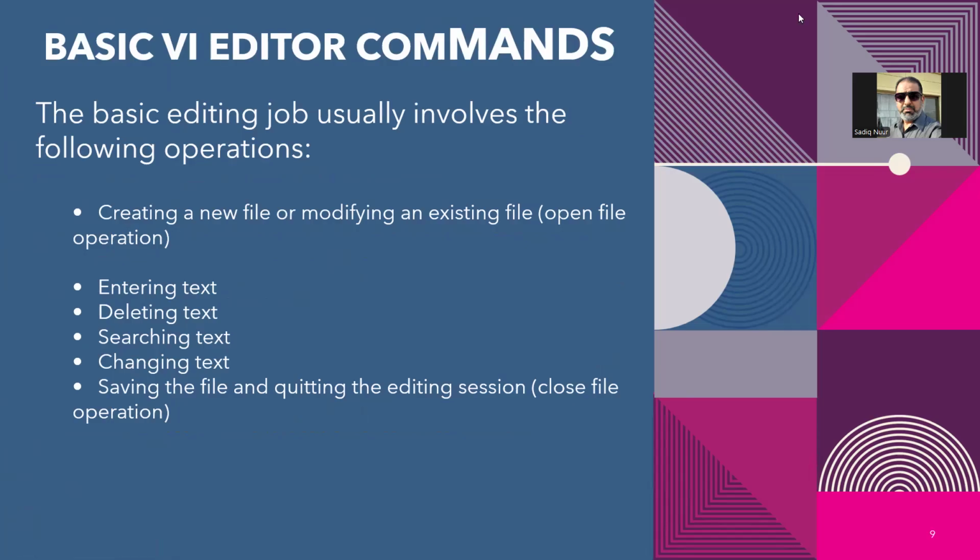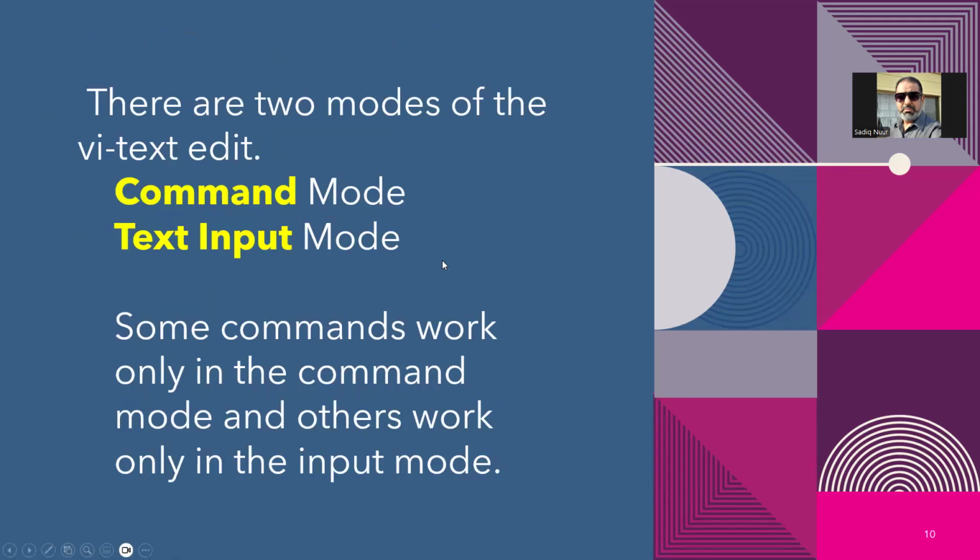So, the basic VI editor commands. The basic editing job usually involves the following operations: creating a new file or modifying an existing file, which is the open file operation. Then you can enter text, delete text, search text, change text, save the file, and quit the editing session, which means the close file operation.